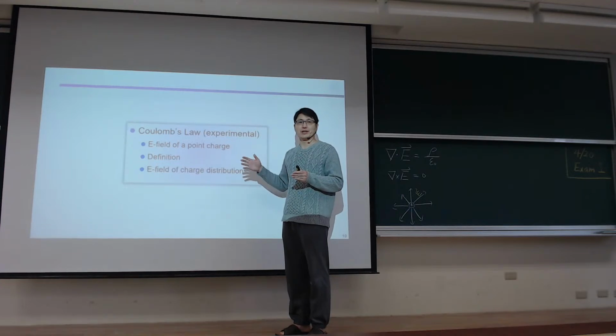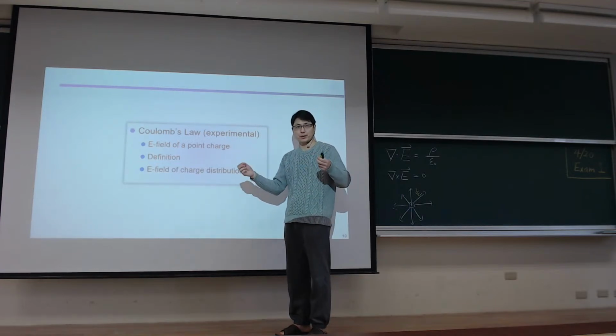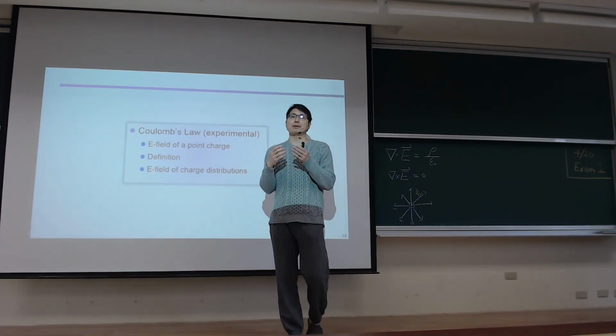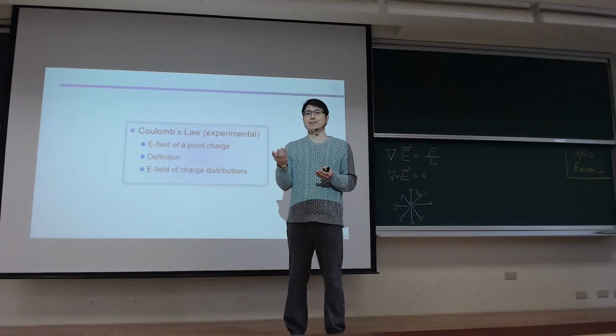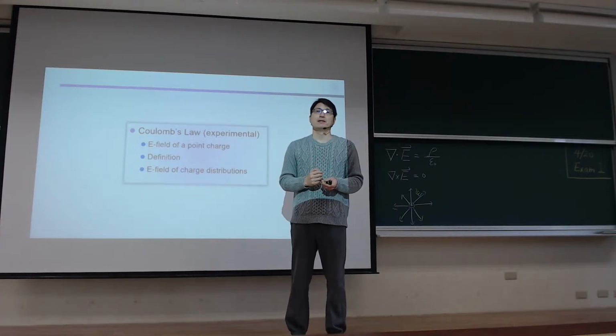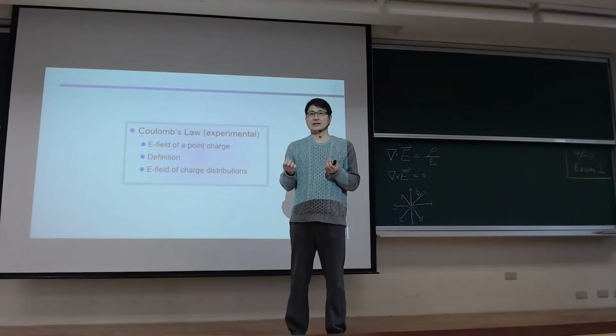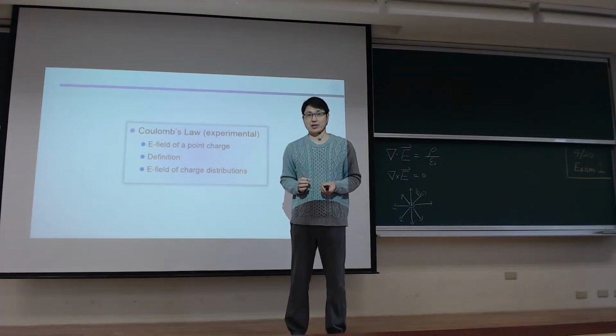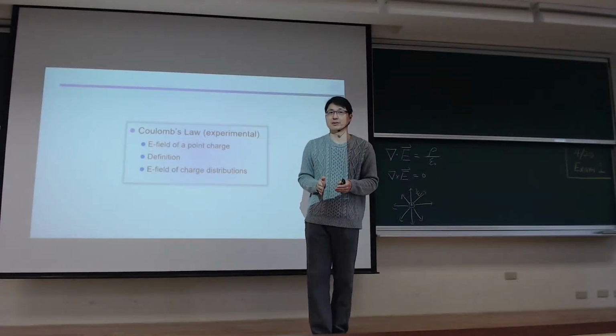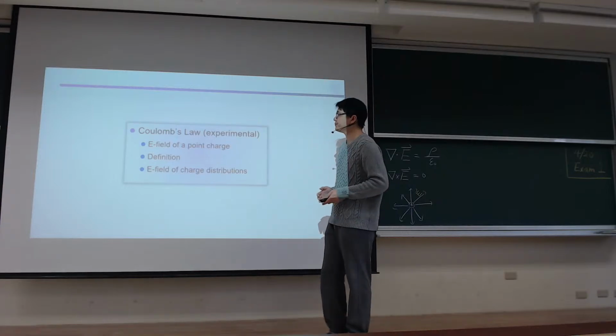More than 100 years ago, people performed experiments, and based on their experimental results, they were able to come up with an equation, a law, to find out the quantity of the E field intensity for a given charge. That's really remarkable, more than 100 years ago.